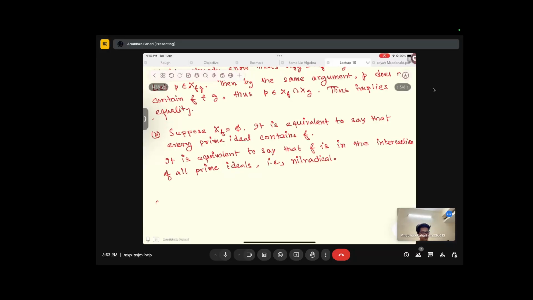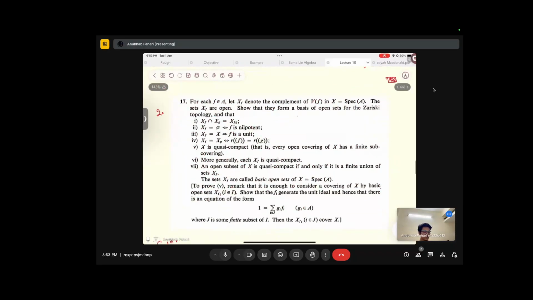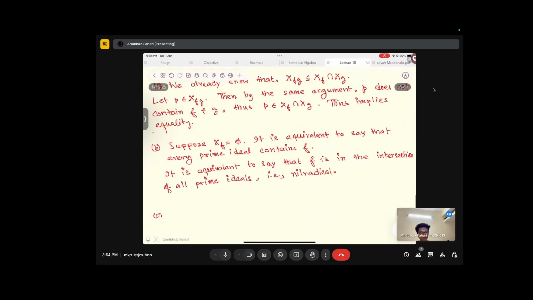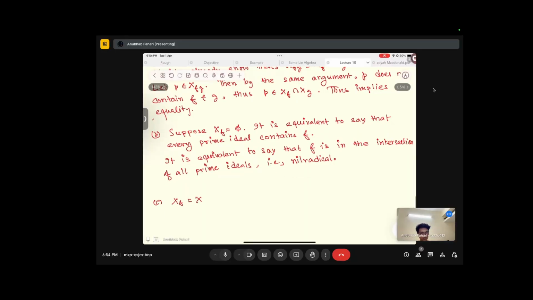Now for the next one, again if X_f is the whole set, then f is a unit, and it is clearly similar. X_f equals X, that means what?